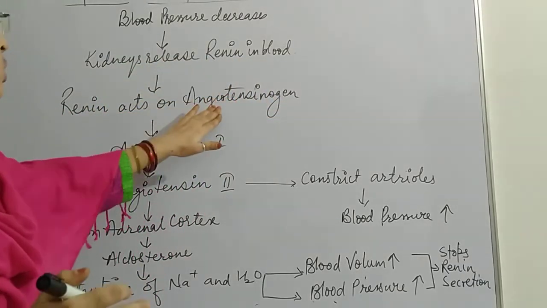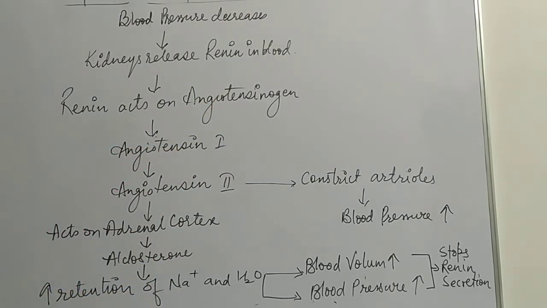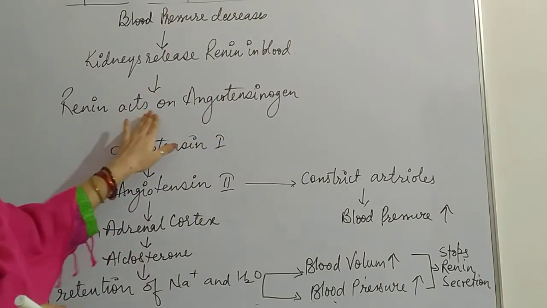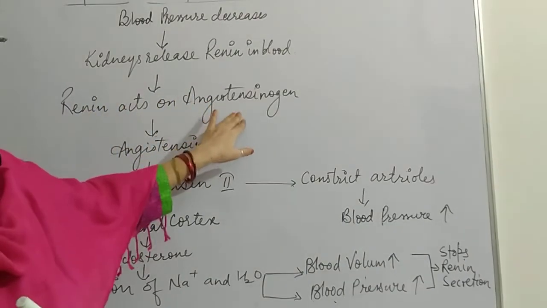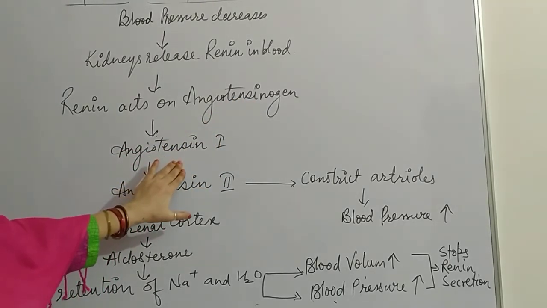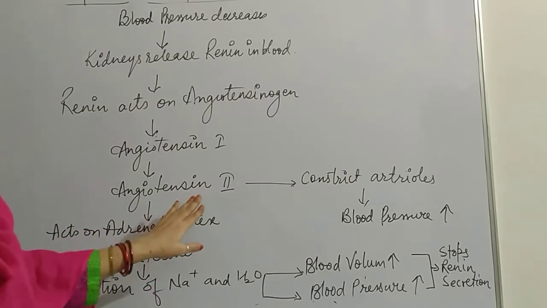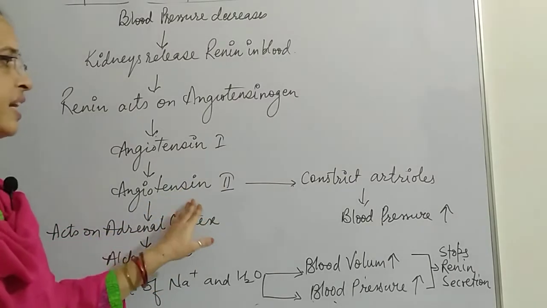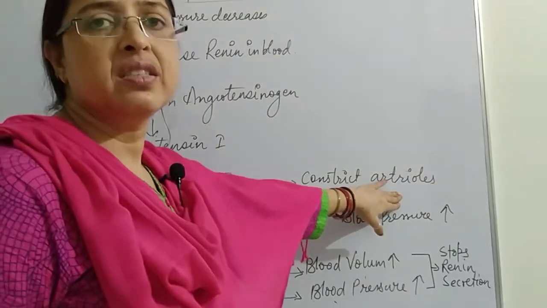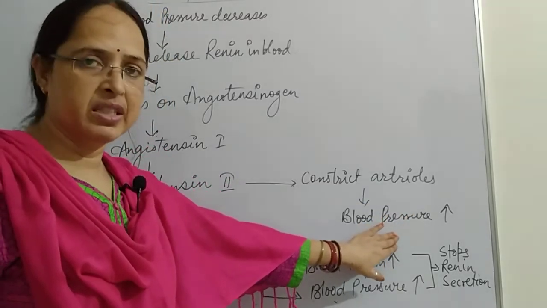This renin acts on angiotensinogen, a globulin protein present in the blood, converting it to angiotensin 1, which is further converted to angiotensin 2. Now this angiotensin 2 constricts the arterioles. It decreases the diameter of the arterioles and thus the blood pressure increases.